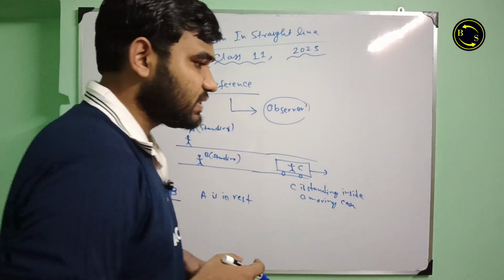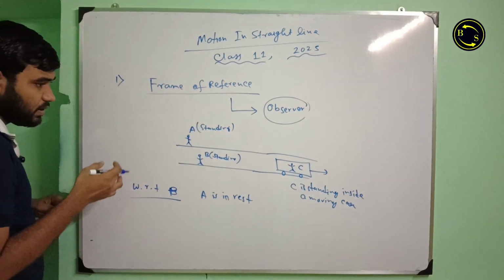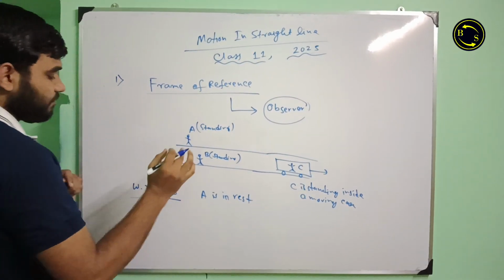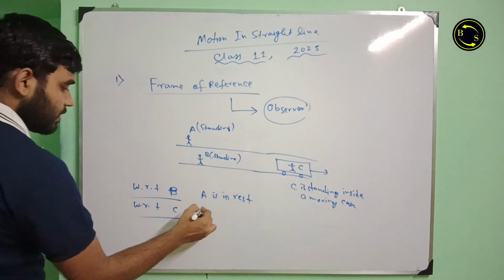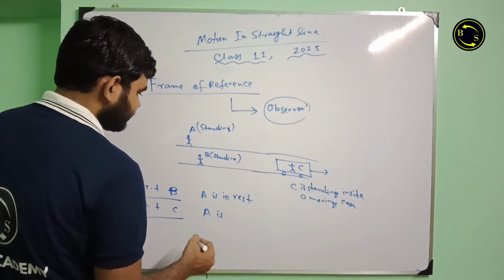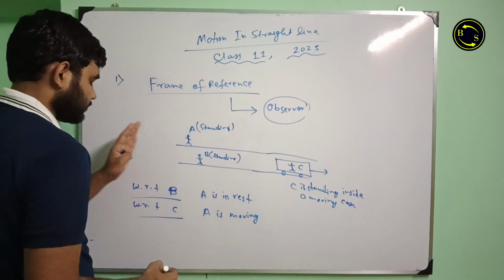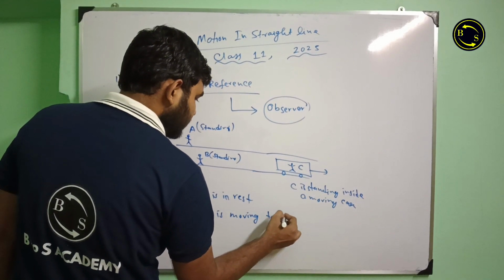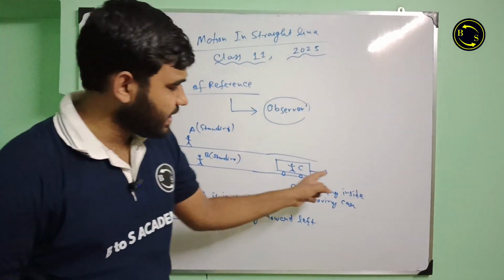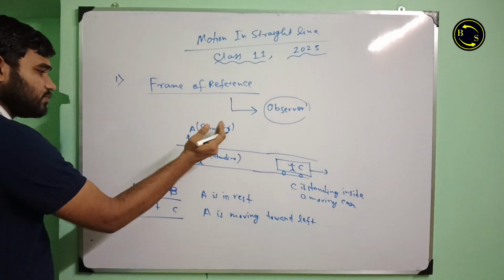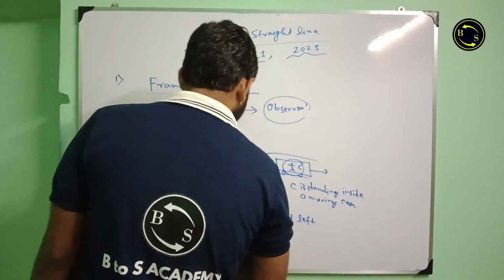Because A doesn't change its position with respect to B. Now we want to describe the position of A with respect to C. Then with respect to C, A is moving towards left. Why towards left? Because the car is moving towards right, so A is moving towards left according to the C observer.